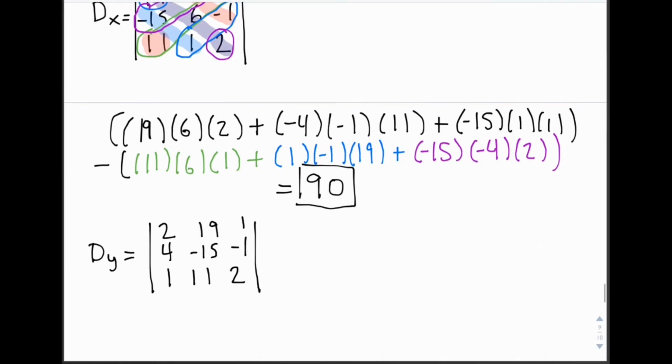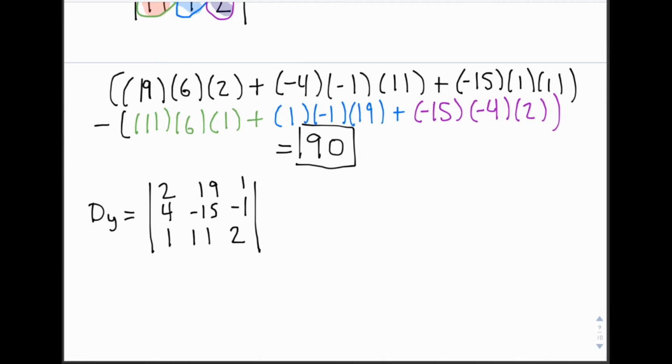And we can figure out what our diagonals are going to be. Again, we want to move in the downward direction first.